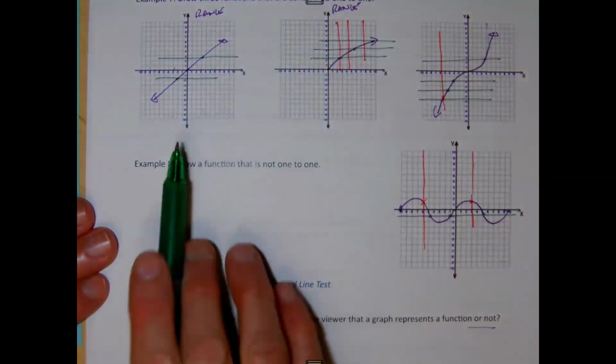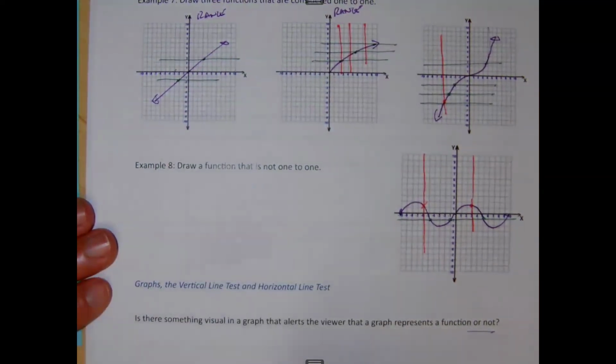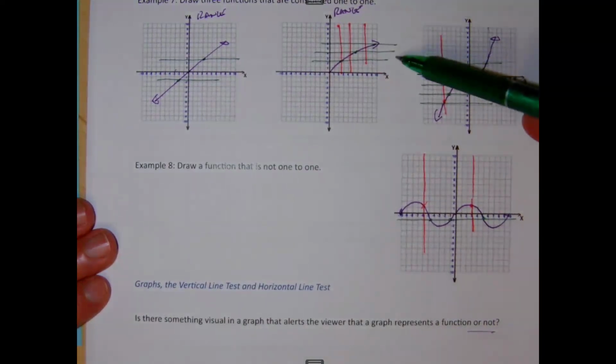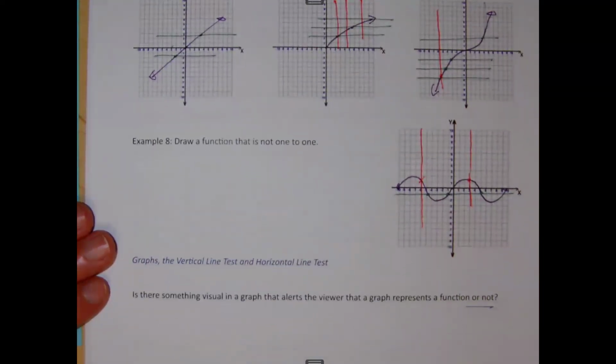And so these are one-to-one functions. So visually in a graph, if a function is one-to-one, it will pass the horizontal line test and also the vertical line test. And I should have said that backwards.